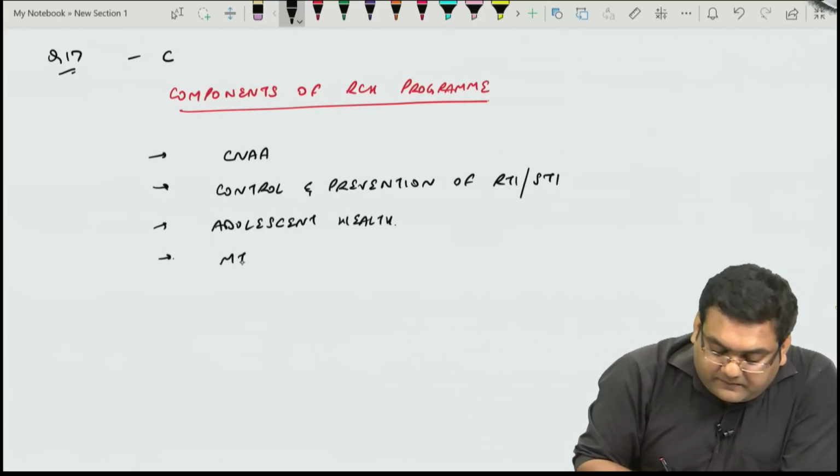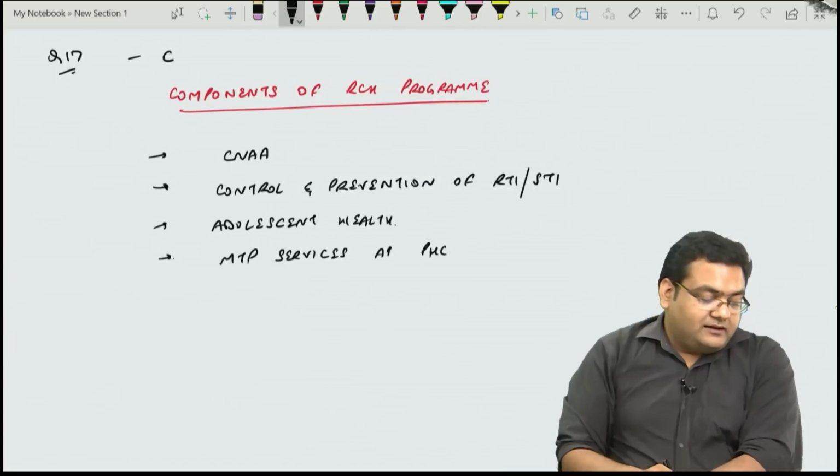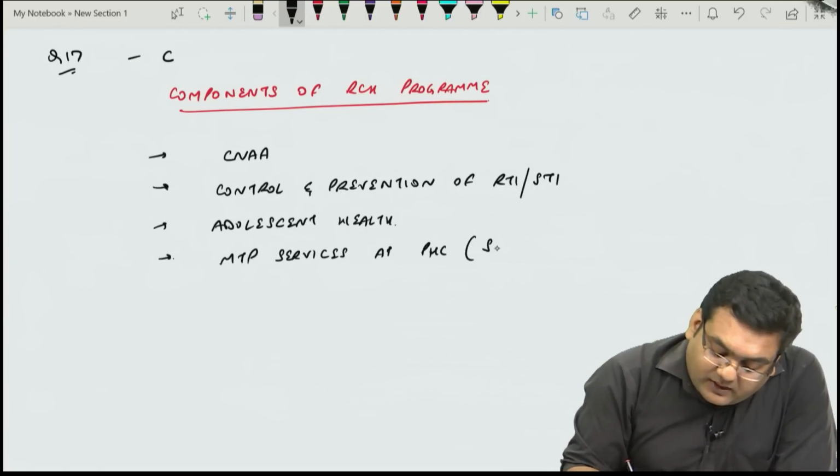Fourth is MTP services should be available at primary health center, including what we call as safe abortion services.